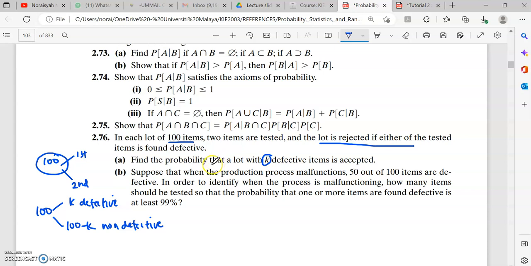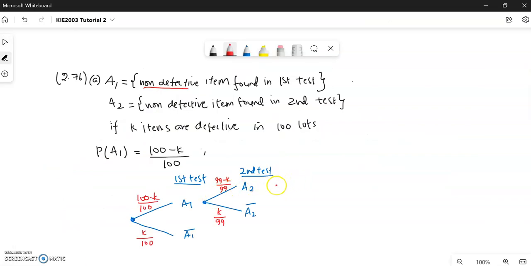It's either one. So in this case, here you reject, because the first test is defective. Now in the second test, if you also get a defective item selected, then here also you reject. Otherwise, if you pick A2, where A2 is a non-defective item found, then this one you pass.